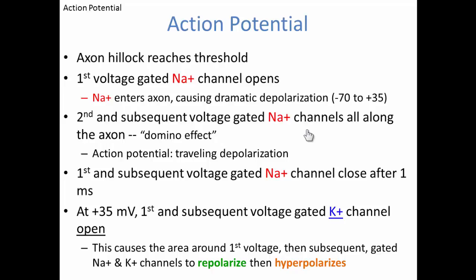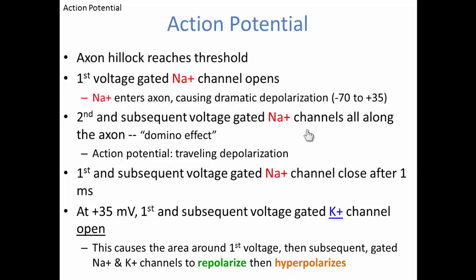The voltage-gated sodium channels automatically close after 1 millisecond. So the first and then subsequent voltage-gated sodium channels will close after 1 millisecond. At about +35 millivolts, the first voltage-gated potassium channels open. So if you remember, -55 was the magical number we needed to be at to open our voltage-gated sodium channels.